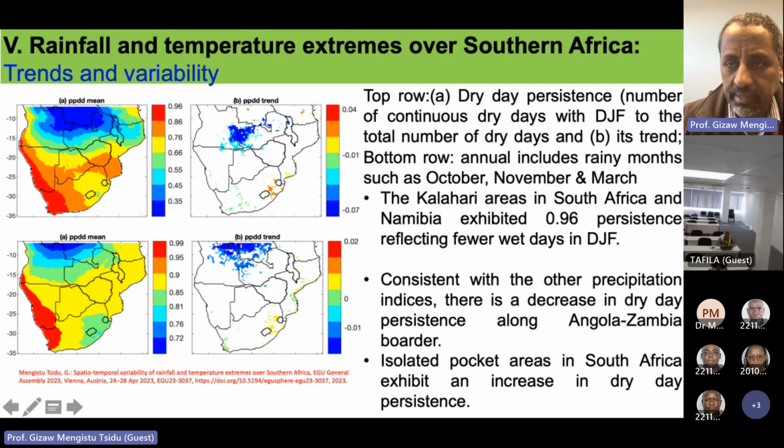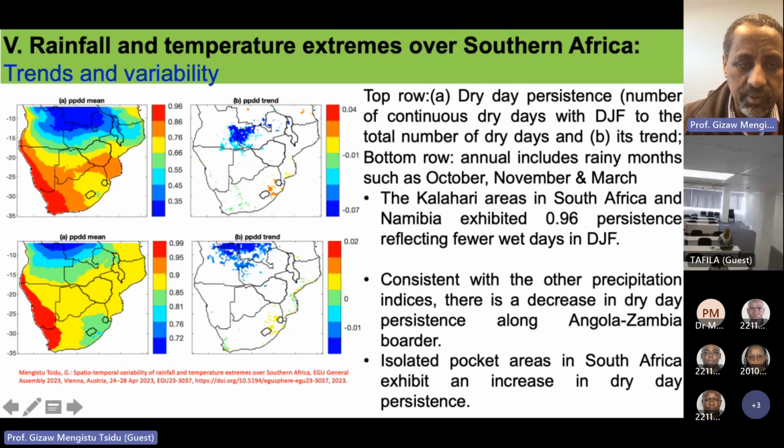You can have annual dry day persistence. Basically, what it means is the number of continuous dry days within the season to the total number of dry days. So in this case, if you look at the panel A, it ranges from 0 to 0.96. Normally, it should be from 0 to 1. 1 means the whole season is dry continuously.